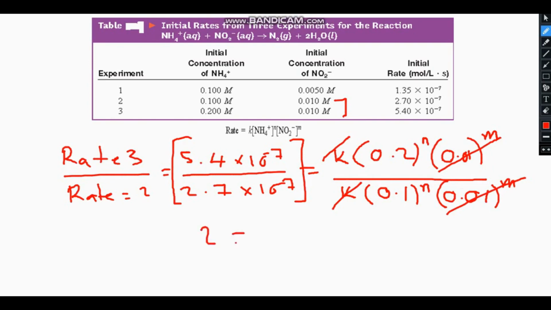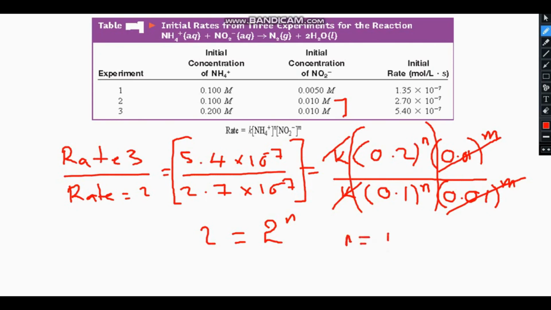This is equal to 0.2 divided by 0.1, which is 2, to the power n. So again, using the law of indices, this simply tells us n is equal to 1.